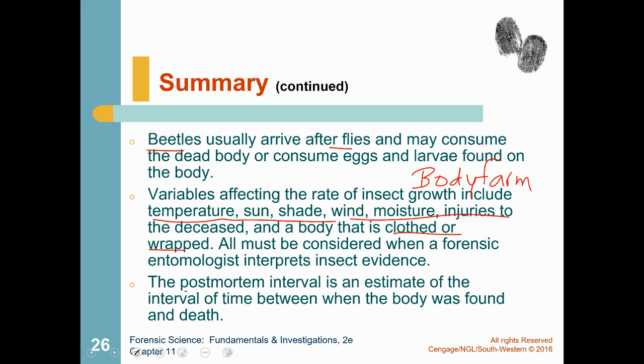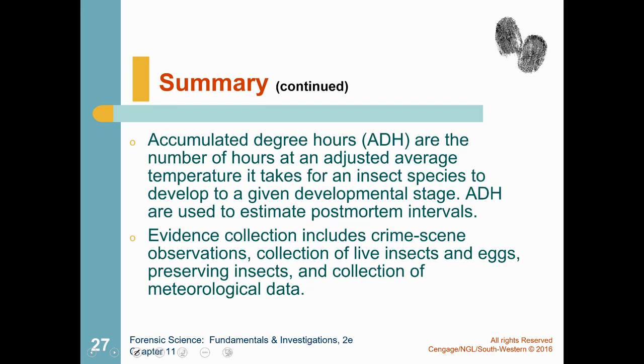The post-mortem interval is the estimate of the time between when the body was found and death. Accumulated degree hours is the number of hours at an adjusted average temperature that it takes for an insect species to develop to a given developmental stage. This accumulated degree hours is used to estimate the post-mortem interval.